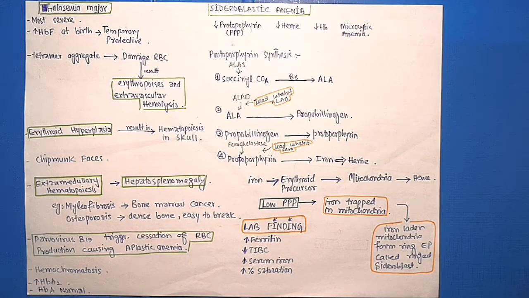And the third one is extramedullary hematopoiesis with hepatosplenomegaly. The extramedullary hematopoiesis is a cause of splenomegaly in bone marrow diseases, like myelofibrosis, which is a bone marrow cancer that disrupts normal red blood cell production, and osteoporosis is a disease that makes the bone thin and easy to break.